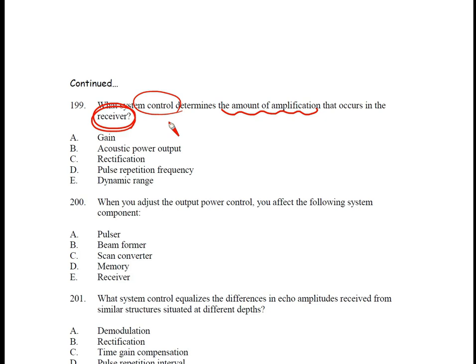The important thing is that it's not about transmitting the pulse, but rather, once the signal has already been received by the receiver, amplifying it is done with the gain control, which is option A. Since the gain amplifies the signal that has already been received in this way, remember that increasing the gain does not affect things like exposure levels.